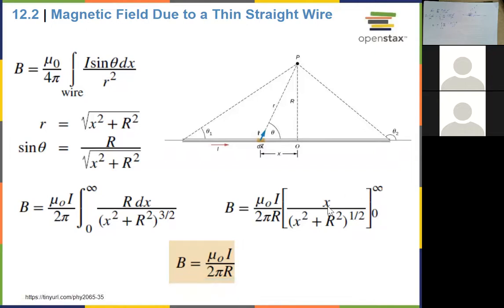You plug in your upper limit there. When you plug in your upper limit, this will be infinity here, this will be infinity square. Now what you can do is you divide numerator and denominator by x. So then on the top here will be 1, and this becomes 1 plus r over x squared.